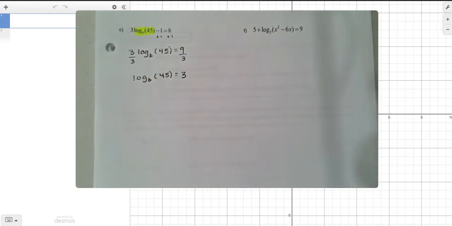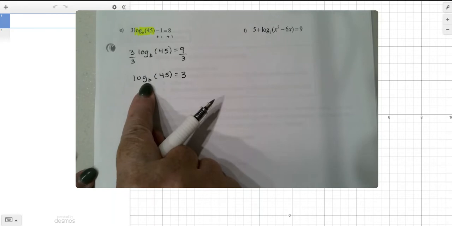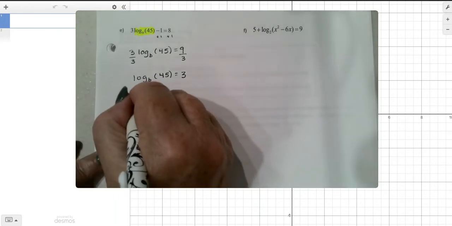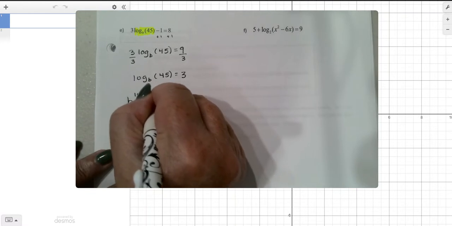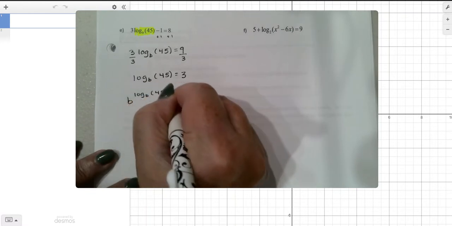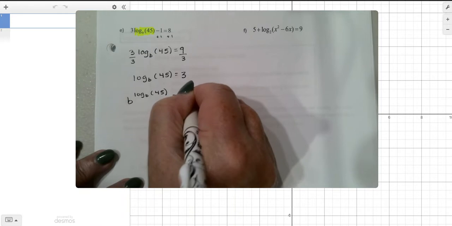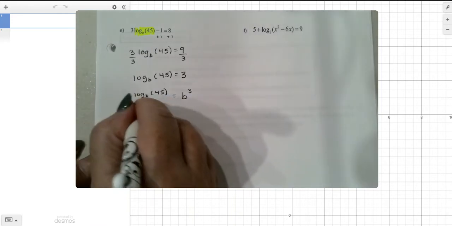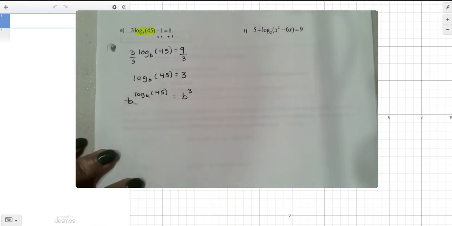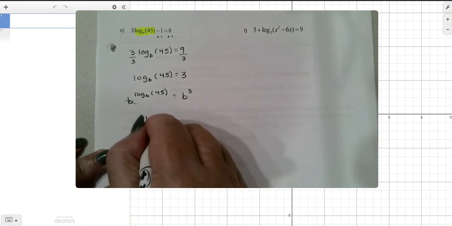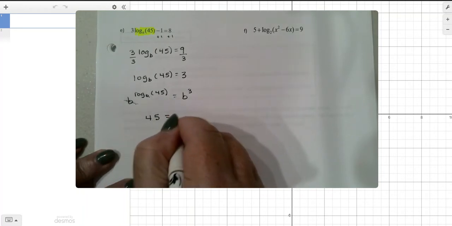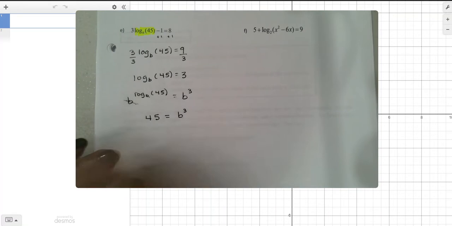All right, to get rid of the log base b, I use an exponential base b. It's the inverse function. Inverses. And so the left-hand side just becomes 45, and the right-hand side is b cubed.